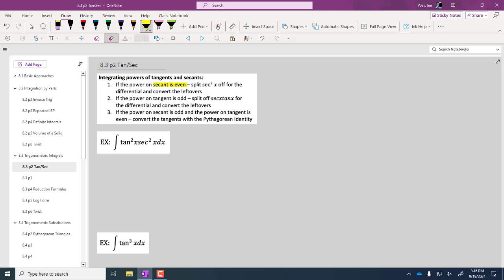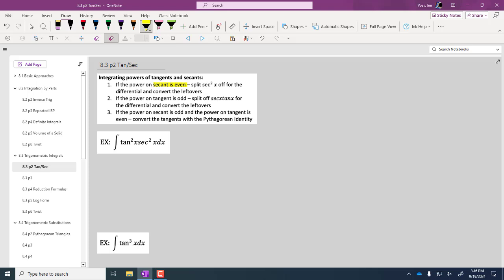So if we pull off a secant squared, what do you think we're going to let u equal? Tangent, because the derivative of tangent is secant squared. So if secant is to an even power, we're going to pull off a secant squared with the hopes of letting u be tangent, because the derivative of tan is then secant squared. Whatever we pull off, we want to let u be the other function because that'll match the derivative.